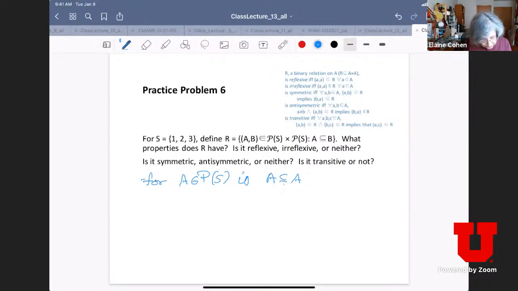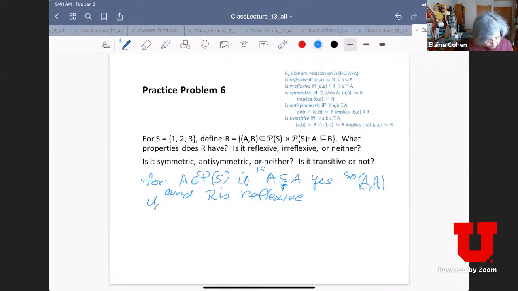Remember, we've got this subset-or-equal here at the bottom. So the answer is yes. So A is related to A, and R is reflexive. We okay on that?